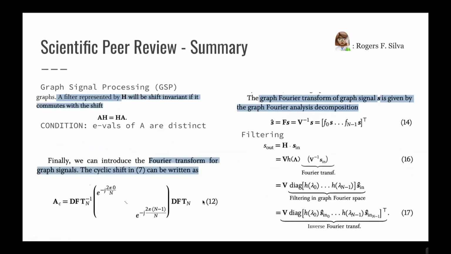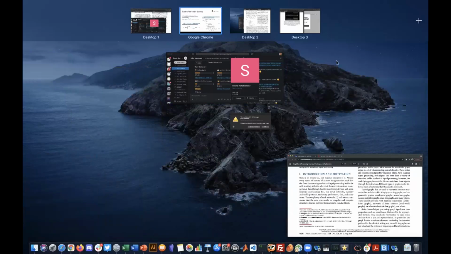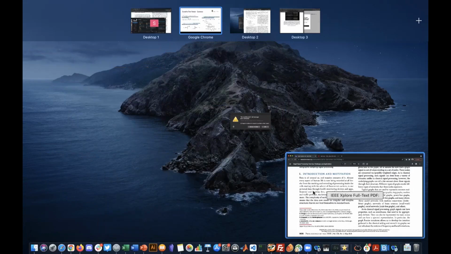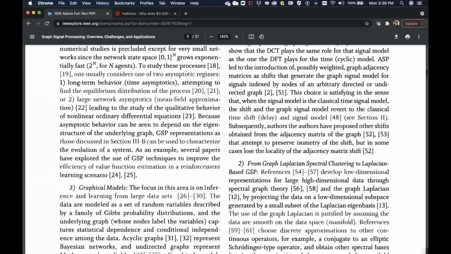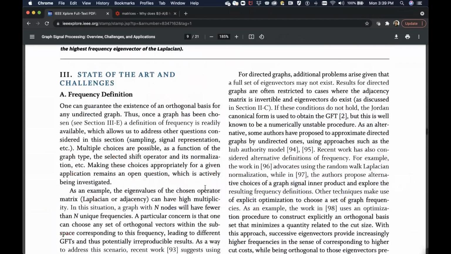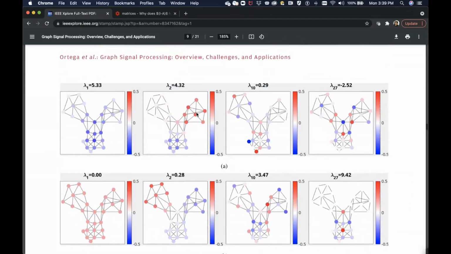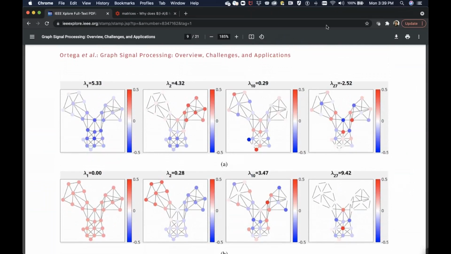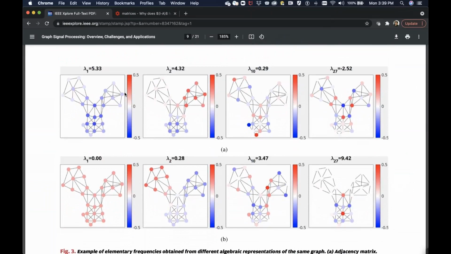And then, if I may, to wrap up, I'll give an illustration just to give a notion of what frequencies are in this graph domain.